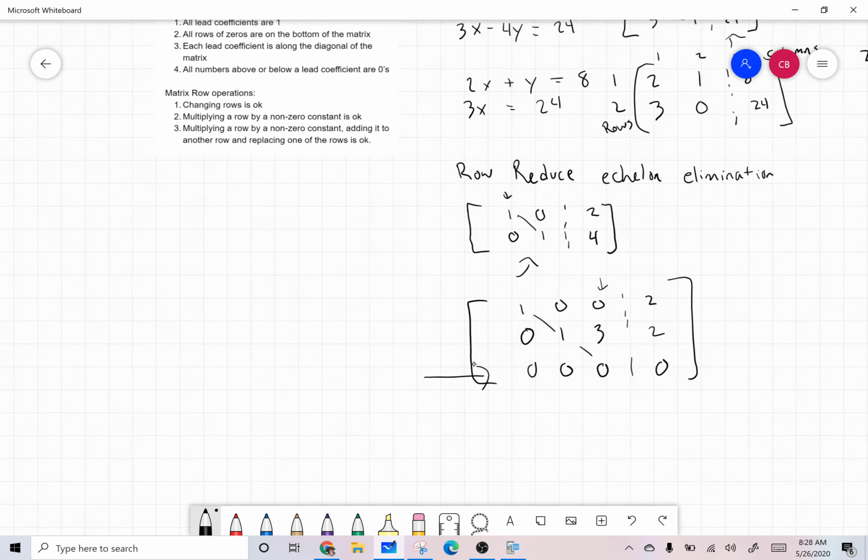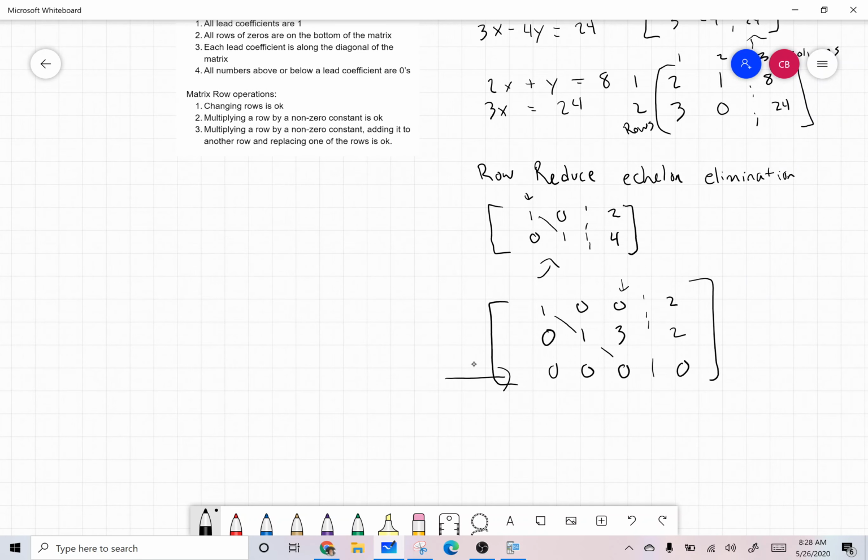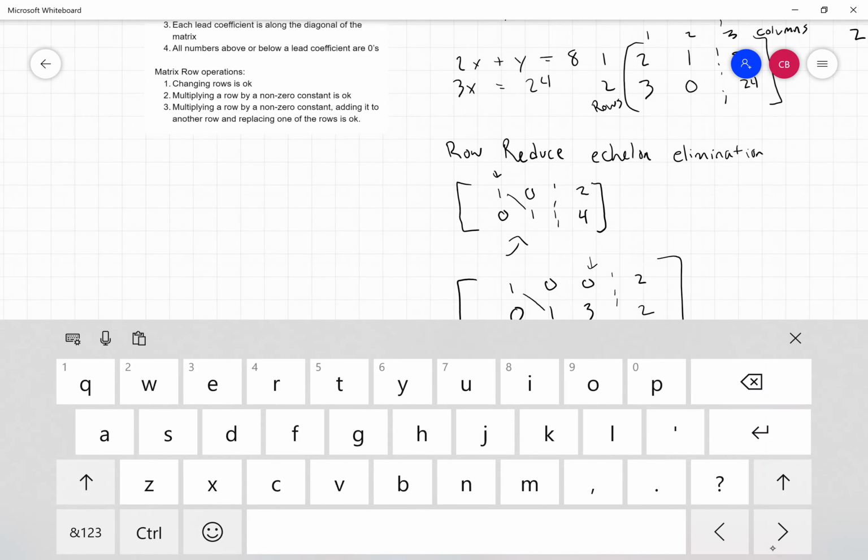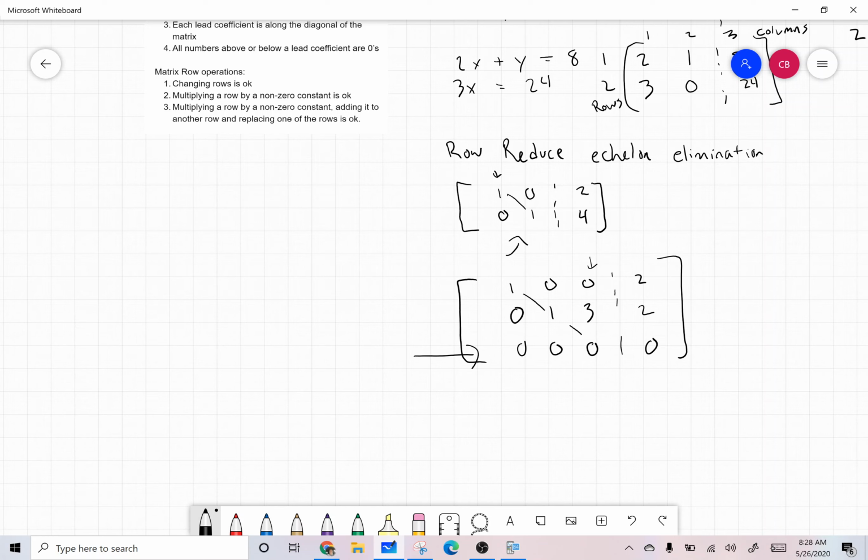Now, there are some things you can do with these. You can switch rows, so let's look at a matrix. Okay, so let's look at the matrix 2, 4, 6, and 1, 3, 7. We are allowed to switch rows.